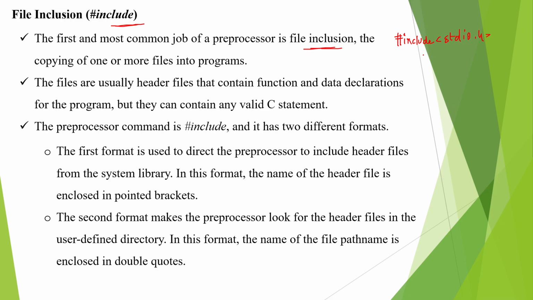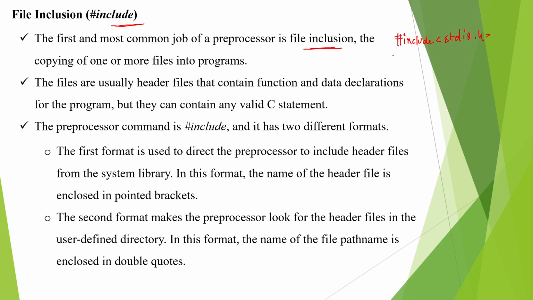During preprocessing, all those files' code will be included, copied into your program. The files are usually header files that contain function and data declarations for the program, but they can also contain any valid C statements.